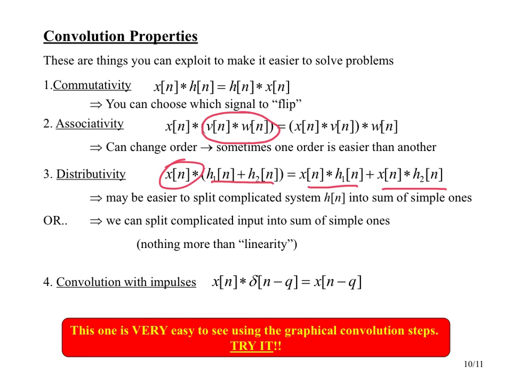And then the last one just says if you convolve x with some shifted version of the delta function, shifted by q, what you get out is the original input shifted by q. This last one is very easy to see, and I would encourage you to explore that and understand how that works on your own.